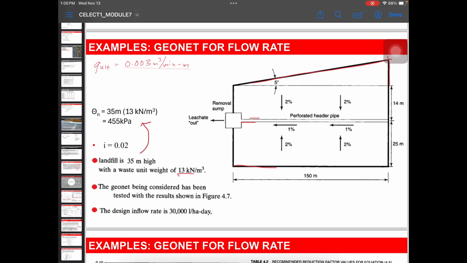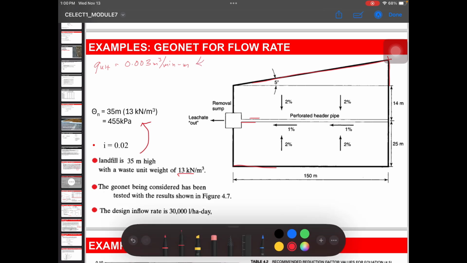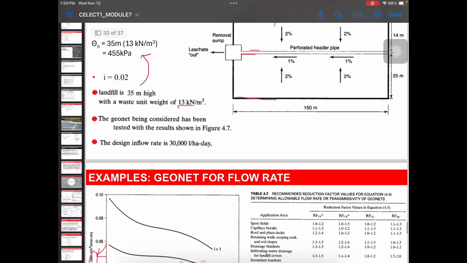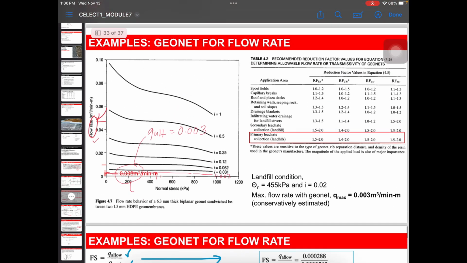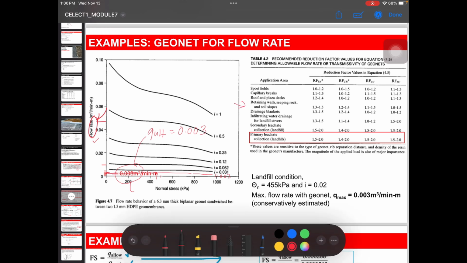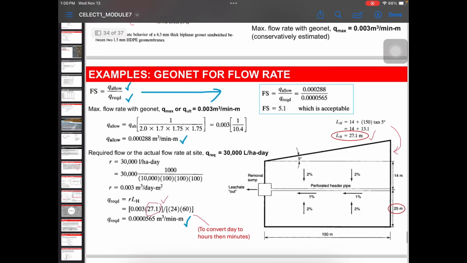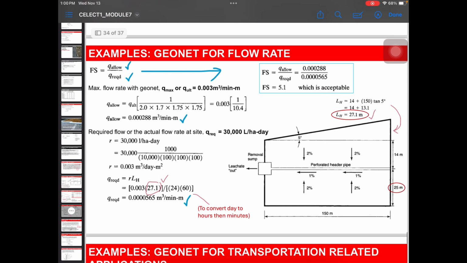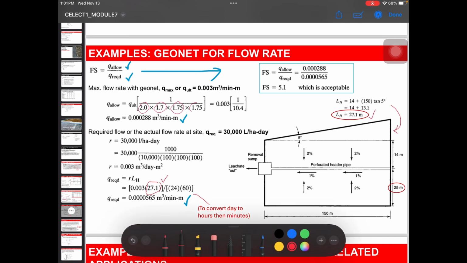So, to get Q allowable, kailangan mong isubject ito sa mga factor of safety, which you can see sa Table 4.2, since gagamitin natin siya sa isang leachate collection, primary. So, we will use factor of safety within this range. Makikita natin dito na ito ang ginamit ni problem.